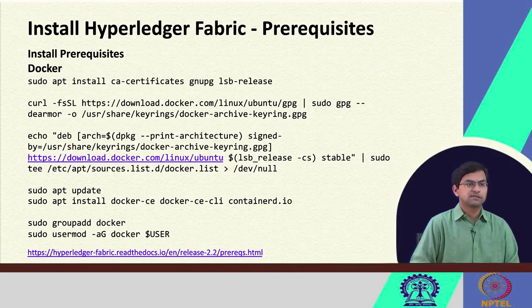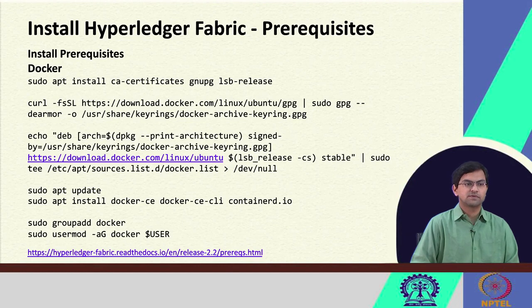Here the steps are first adding a repository, the keys, and then finally doing sudo apt update and sudo apt install docker-ce, docker-ce-cli and containerd.io. These three programs have to be installed, and after you have installed them, there are some post installation steps which are required so that you can use Docker properly.